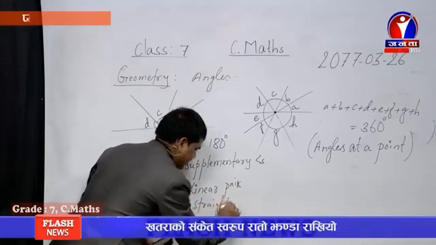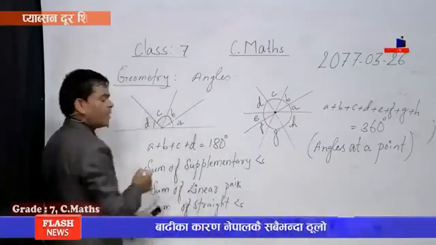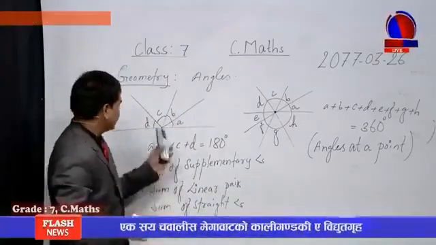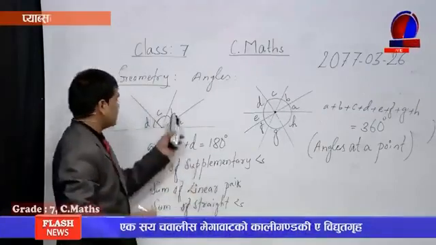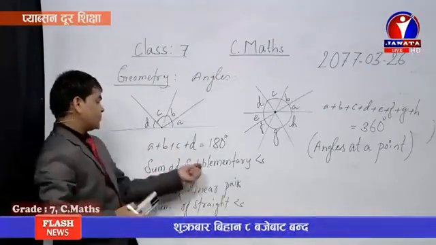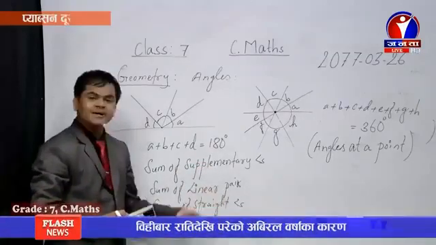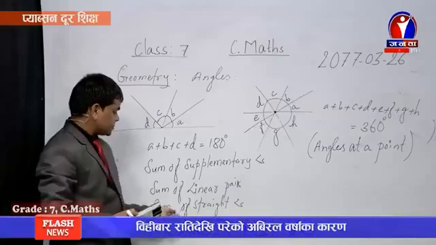Why is it straight angles? Because in a straight line the angle is formed, isn't it? So that's why those angles altogether, if we combine together, their sum becomes 180 degrees. Some people write sum of supplementary angles, some write sum of linear pair, some write sum of straight angles.